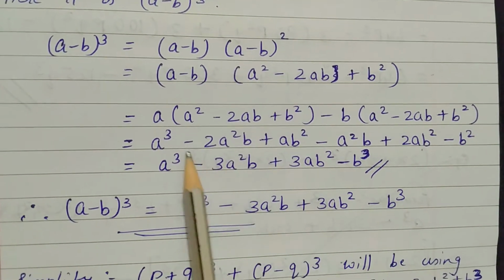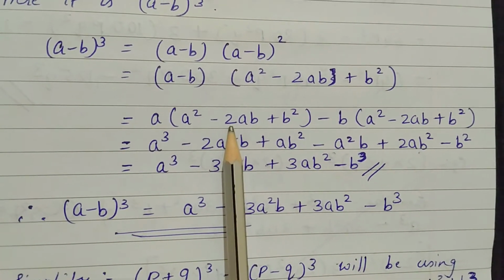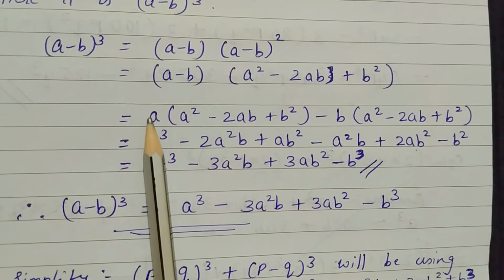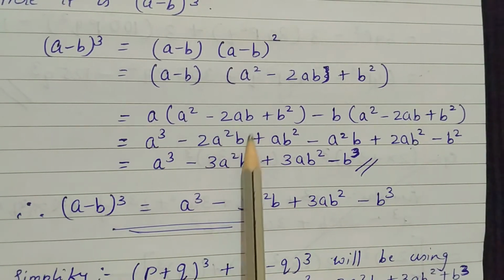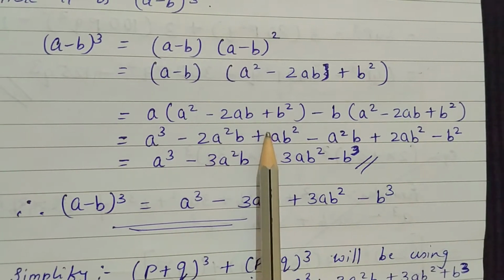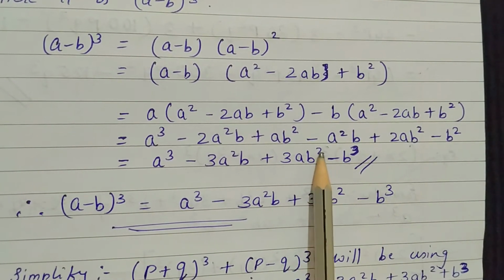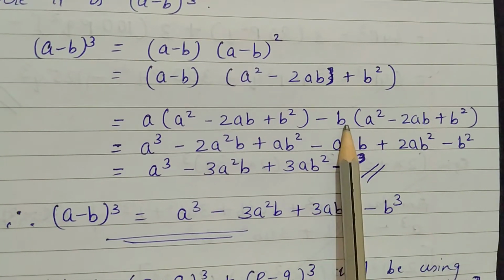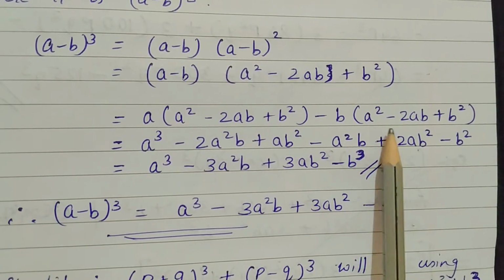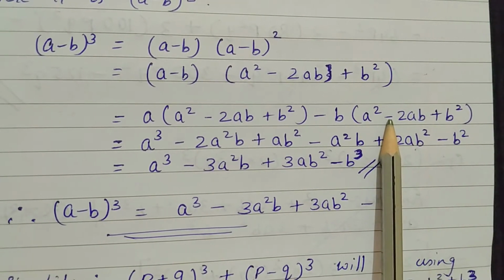We have solved this. a into a square is a cube, minus 2 into 2ab into a is 2a square, a into a is a square, so 2a square b, plus a into b square is ab square. Minus, here it is minus, a square into b is a square b, plus. Why is it plus? Minus into minus is plus.